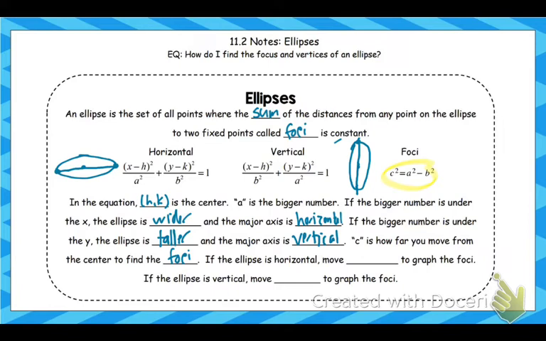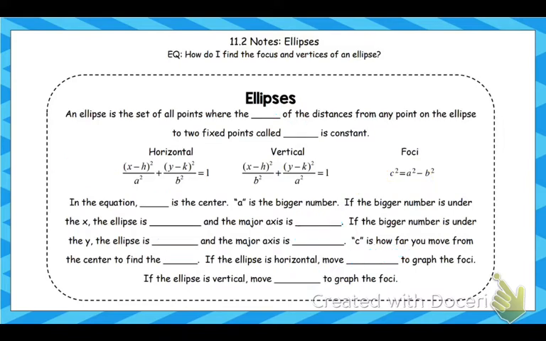If the ellipse is horizontal, we move left and right. If the ellipse is vertical, we move up and down. These are the pieces of an ellipse. They fall on the major axis: left and right for horizontal, up and down if it's vertical.